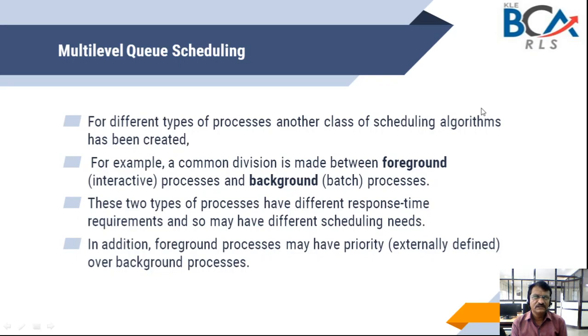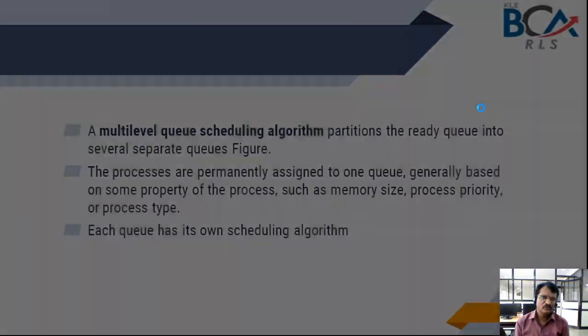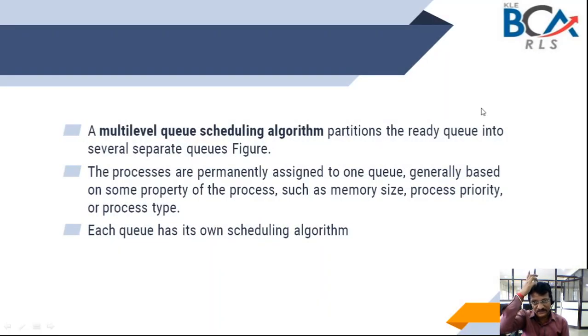Foreground interrupts may be caused by input output or other things, whereas background may be affected depending upon the priority, and so on. In addition, foreground processes may have priority over background processes, because foreground processes involve the user, so they are given more importance. So that is the reason.